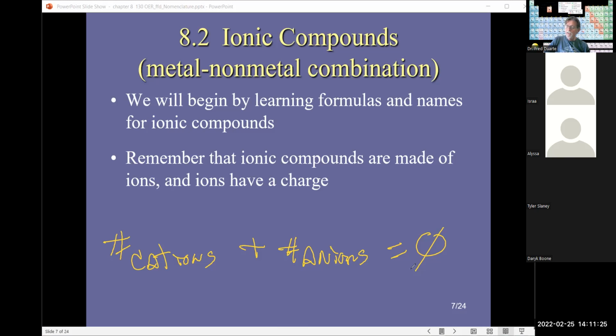So maybe what's best is to say instead of 0, it should say the oxidation number of the ion or compound, okay? And I'll do some examples of that to demonstrate the general equation.